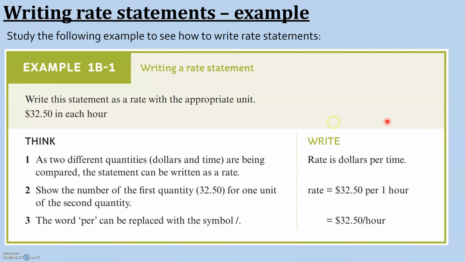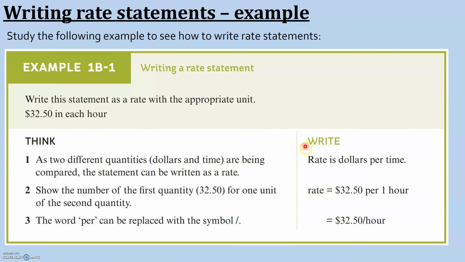Alright, have a look at this example from the textbook. We're going to learn to do something called writing a rate statement. So here's that question. Write this statement as a rate with the appropriate unit. So $32.50 in each hour. They don't tell us what the situation is, but we can just take that information as it comes.